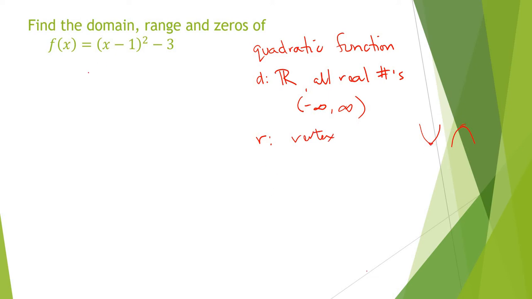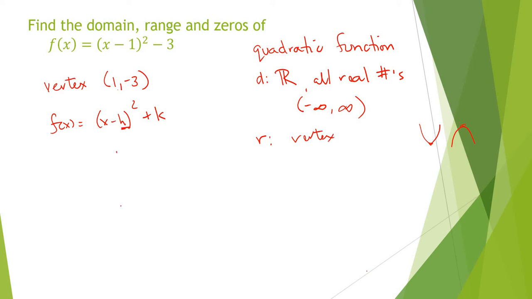So in this case, since this is in vertex form, the vertex here is 1, negative 3. If you don't remember, the vertex form is f of x equals (x minus h) squared plus k. So my h value is my x value of my vertex, and my k value is the y.